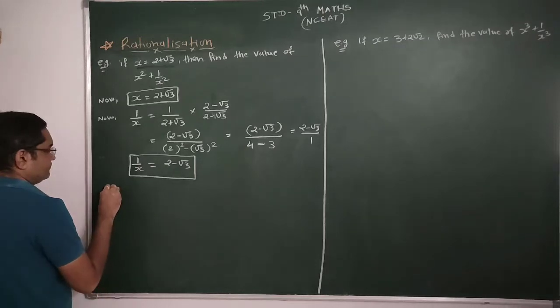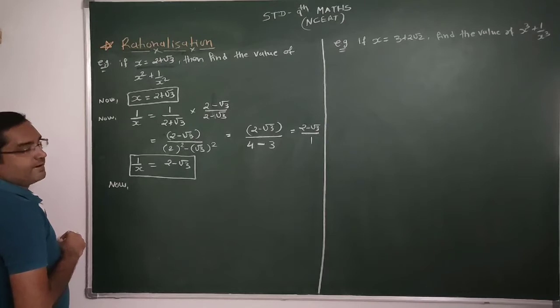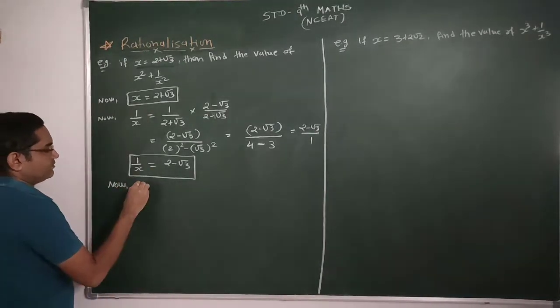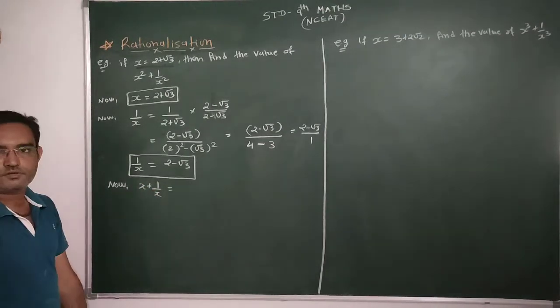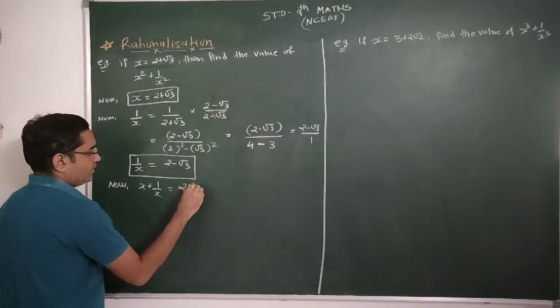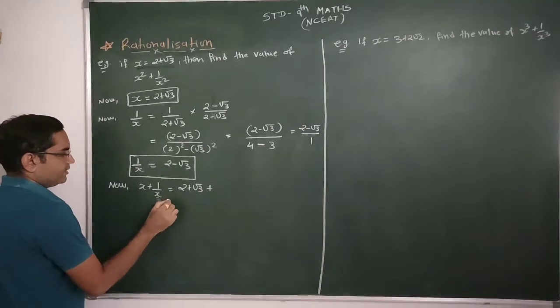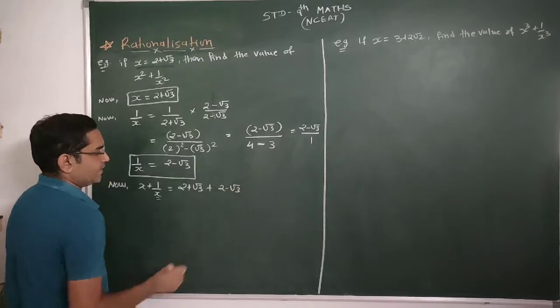What is given? Given x is 2 plus root 3 and 1 upon x is 2 minus root 3. Now, next step: you have to find x plus 1 upon x. So x is 2 plus root 3, plus 1 by x, which is 2 minus root 3. Clear?